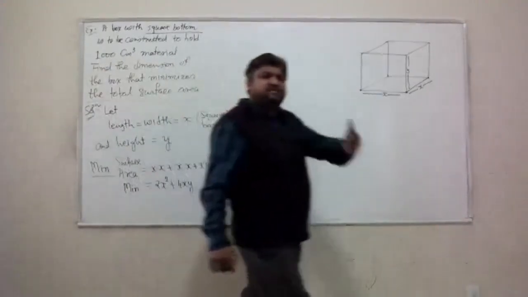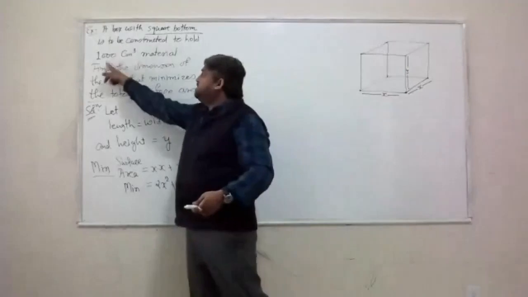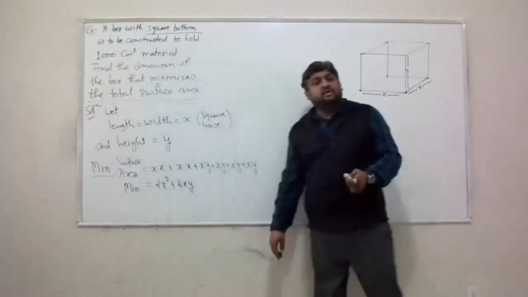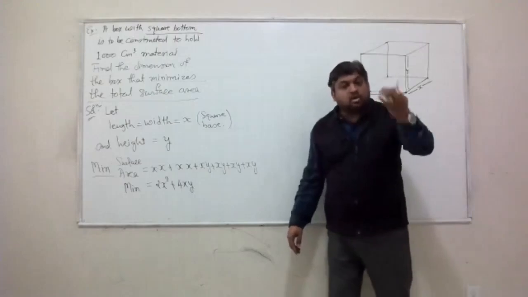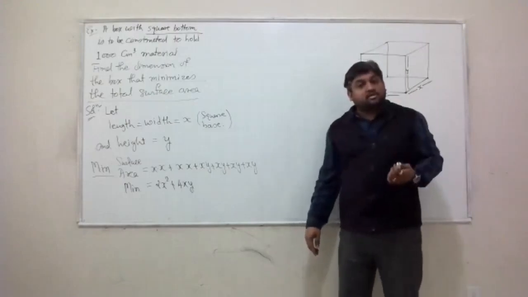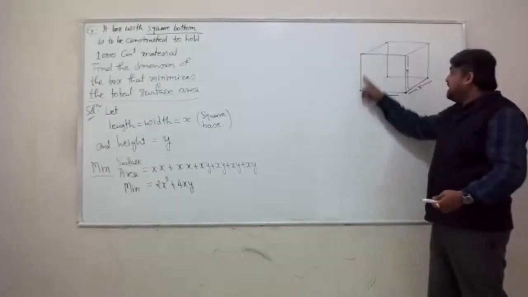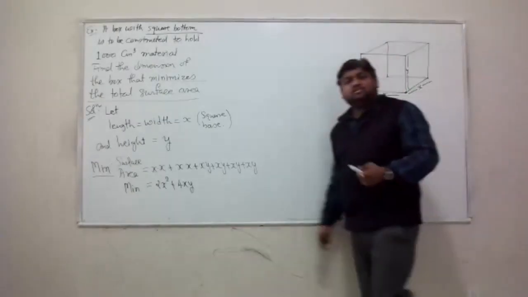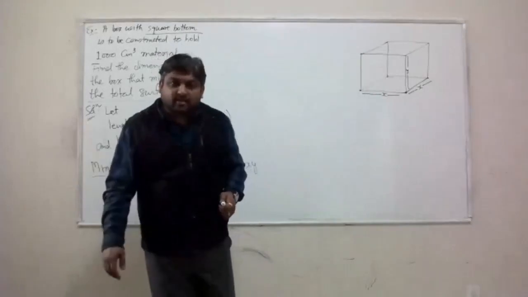All right. What is given? It's given that the box will be able to hold 1000 cubic centimeter of material, meaning the volume of the box is given, right? Volume of the box is given. How do we find out the volume of the box? Well, multiply length, width, and height.